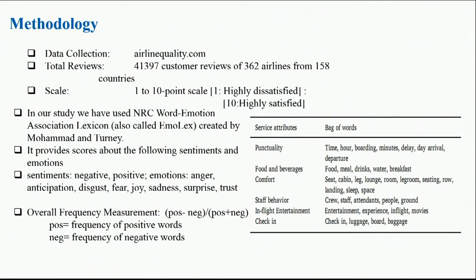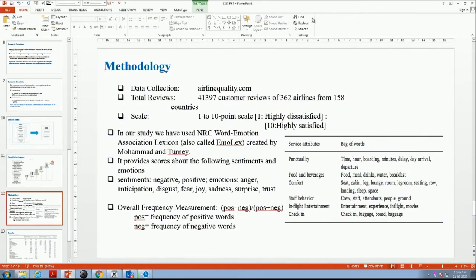And in our study we have used NRC, so forget about that, we will discuss that. These are the service attributes and these are the words that we have created.